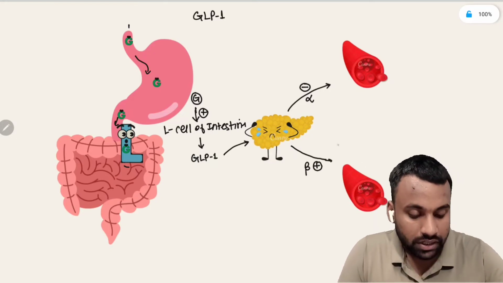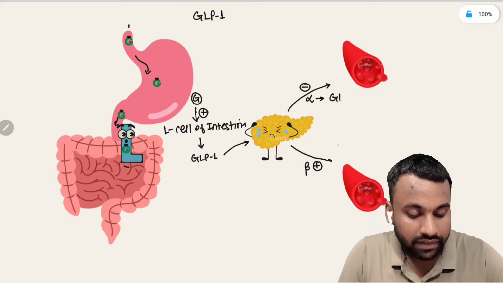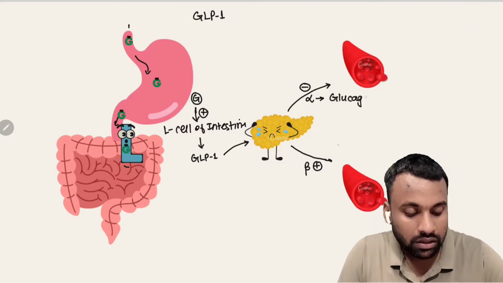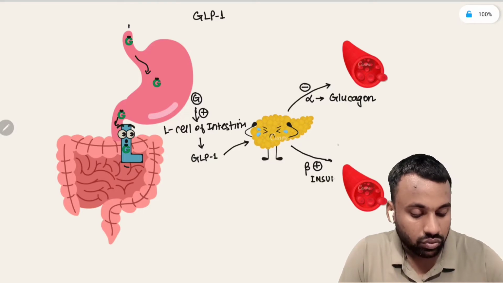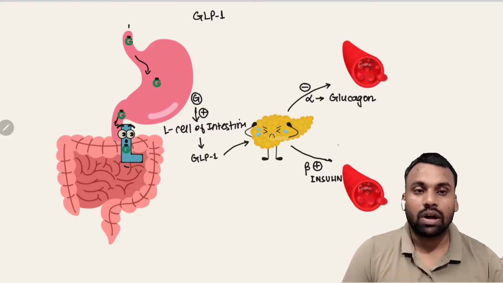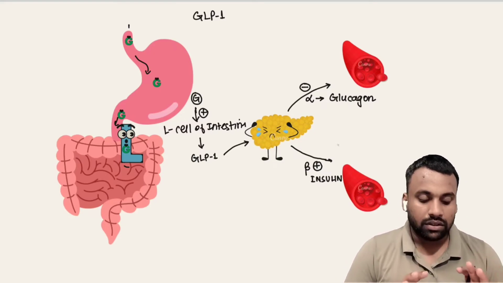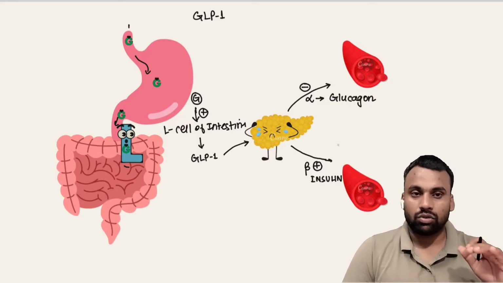The alpha cell releases glucagon, and the beta cell releases insulin. The normal function of glucagon is to increase the blood glucose level, and the normal function of insulin is to decrease the blood glucose level.